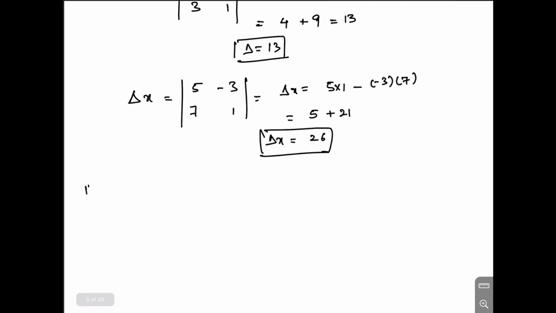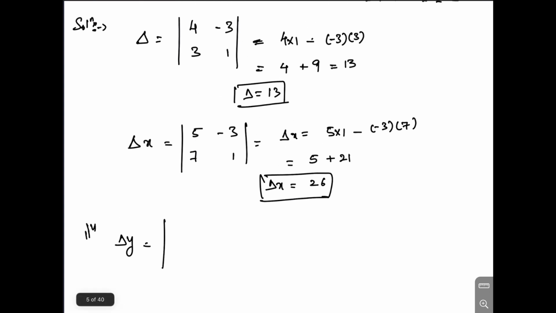Similarly, we need to find out the value of delta y also. Again, to find delta y, we have to change the second column. So the determinant is [4, 5; 3, 7].